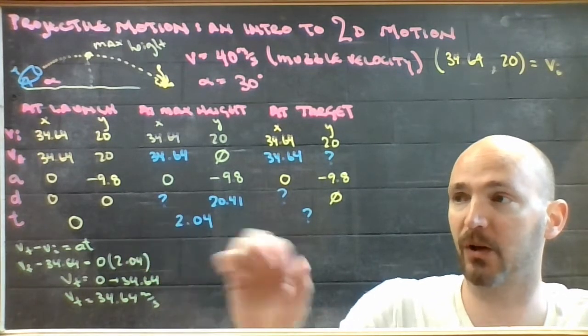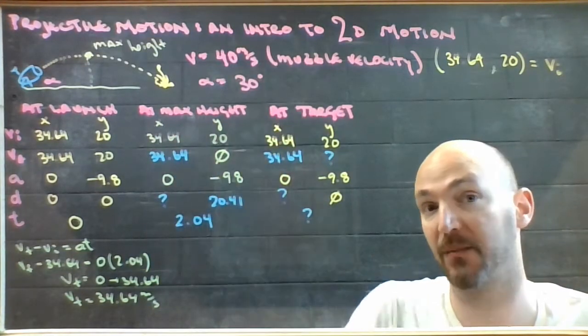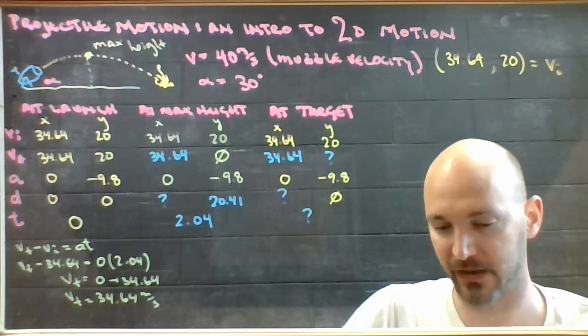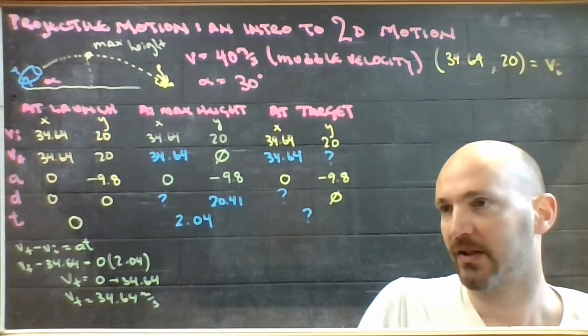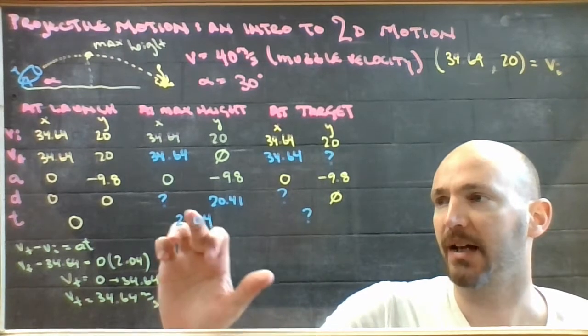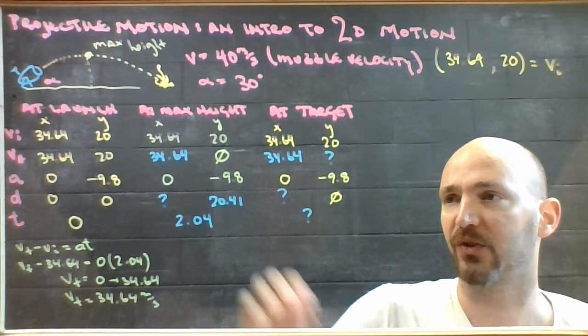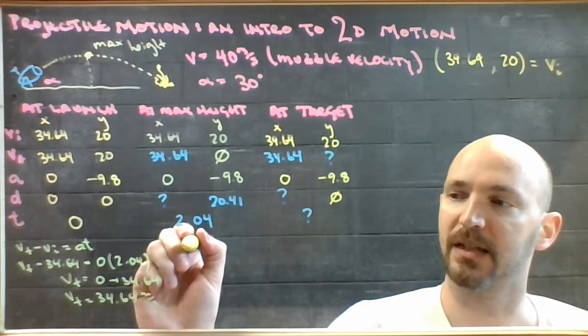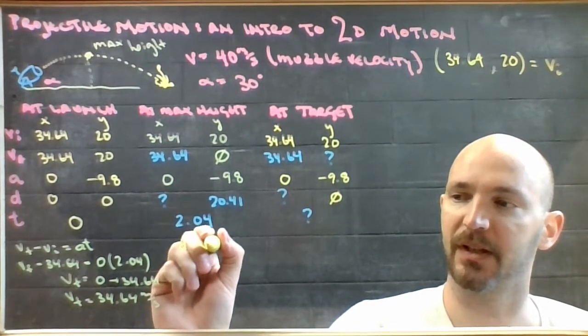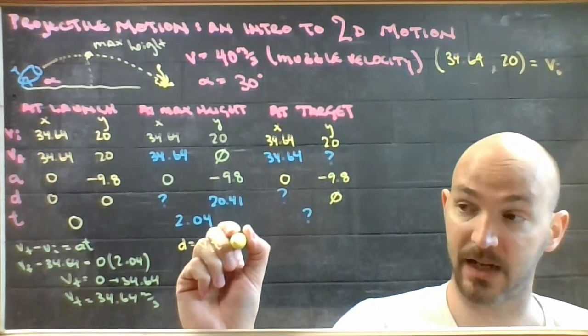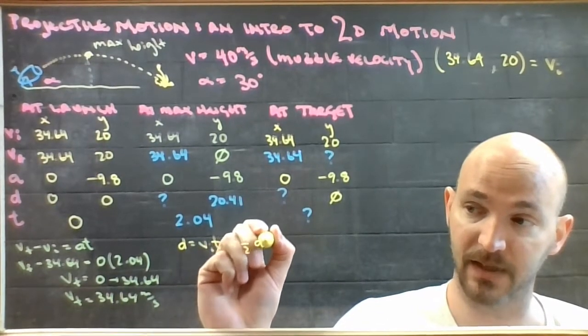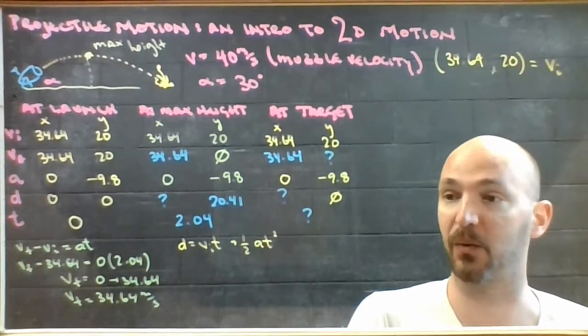Okay, one more to go in this column, and then we'll know everything about the max height. I just need the position. So the equation that connects time and distance, acceleration and initial speed would be the distance traveled equals initial speed multiplied by time plus 1/2 the acceleration multiplied by the time squared.